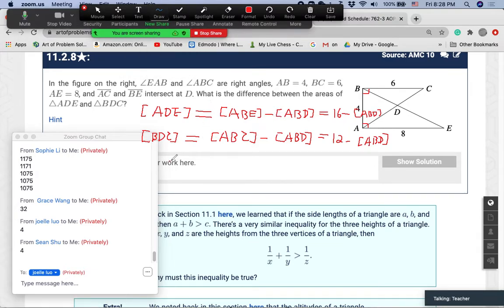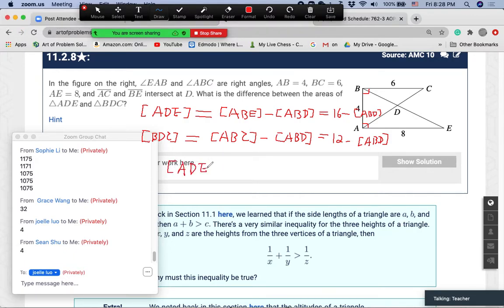So then you use area of ADE minus area of BDC. They ask you the difference, right? Then this one equals 16 minus area of ABD. This is the area of ADE, right? Then minus area of BDC, that's 12 minus ABD.